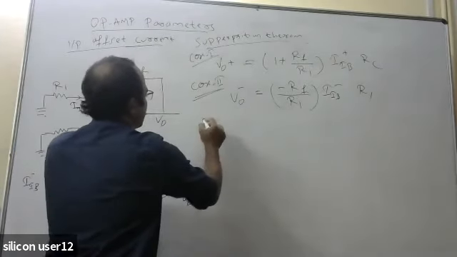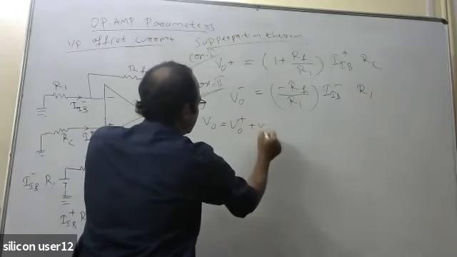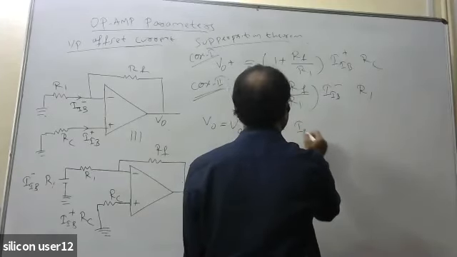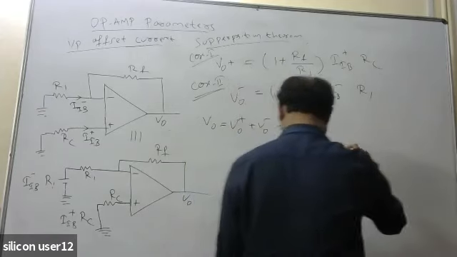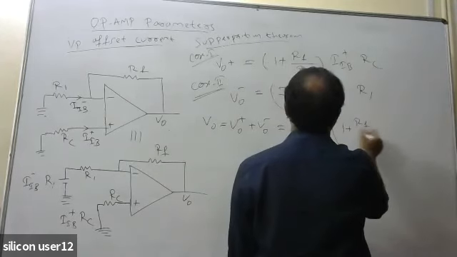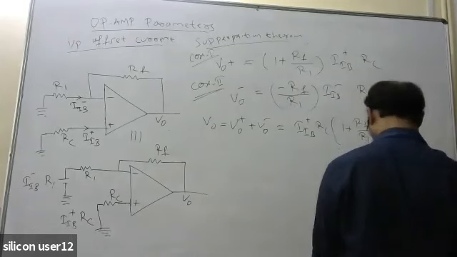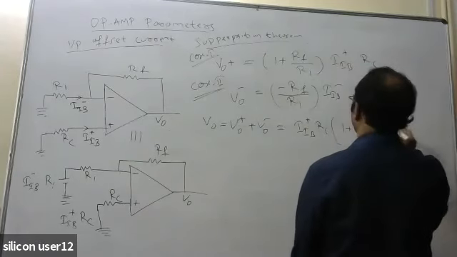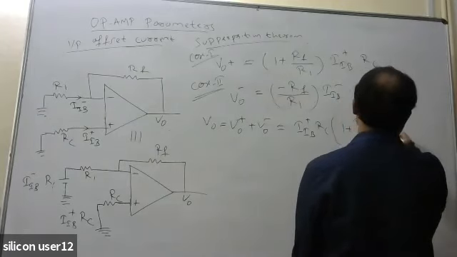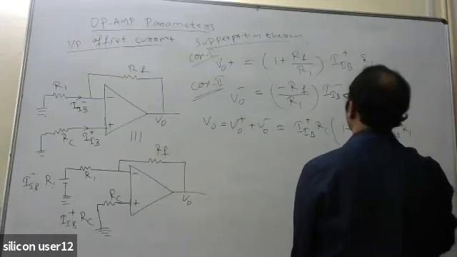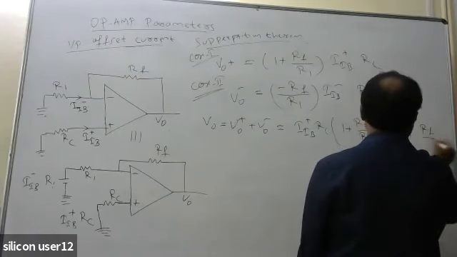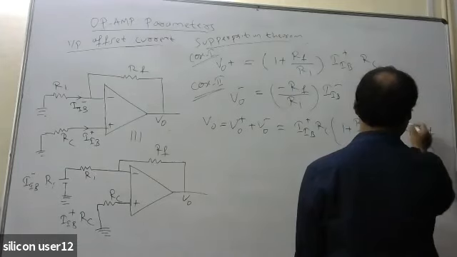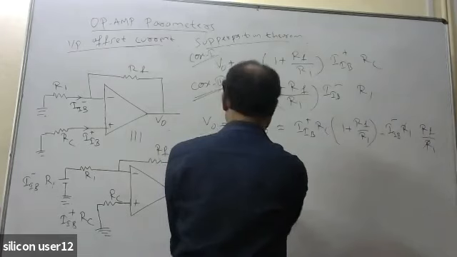So now combining case 1 and case 2, your V0 equals V0 plus and V0 minus, which is equal to, you just add them, IIB plus RC, all into 1 plus RF by R1, plus, and take the minus outside, minus IIB minus R1 into RF by R1. So here R1 will be cancelled out.